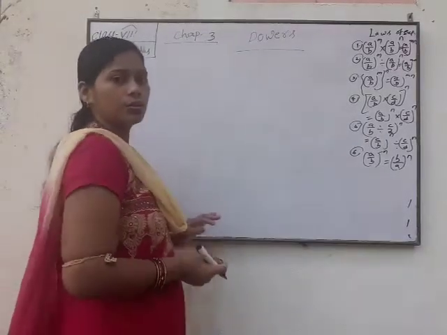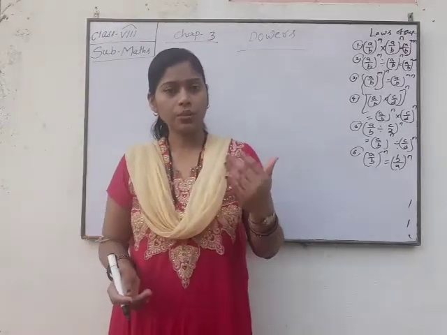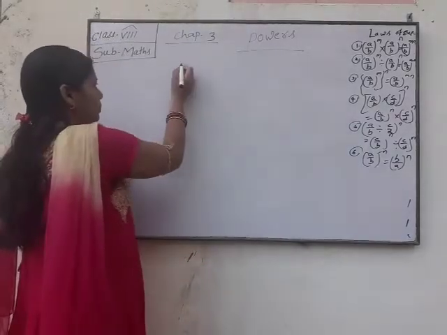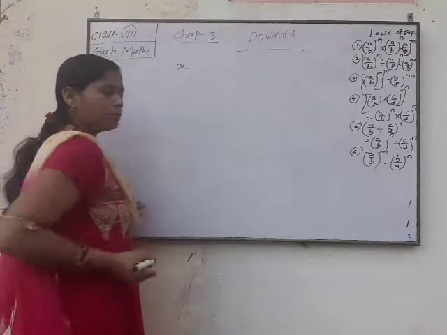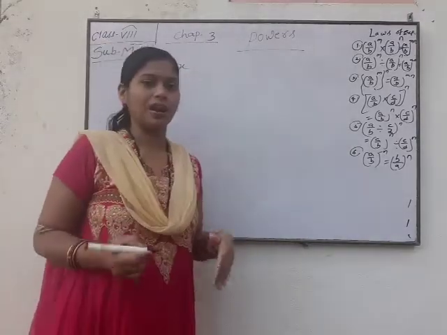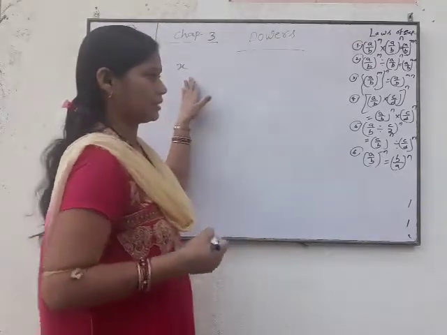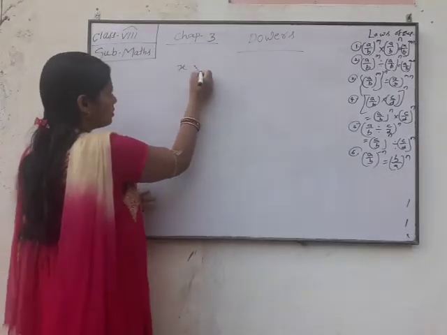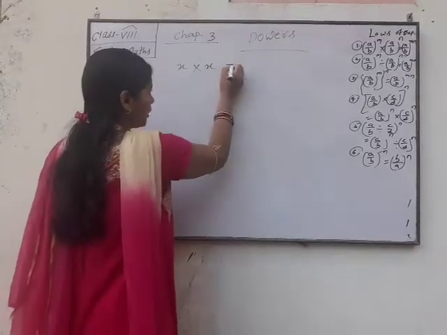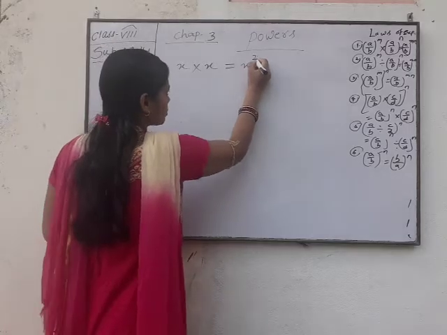If we multiply any number with itself, suppose the number is x, and x is multiplied with x, so your product is what?